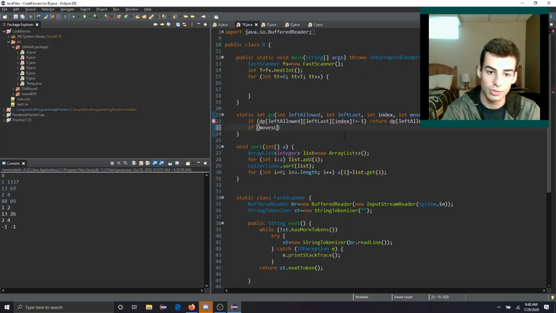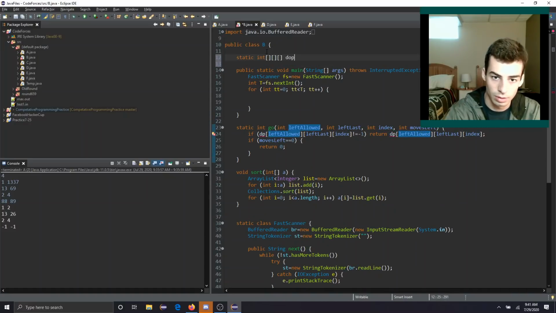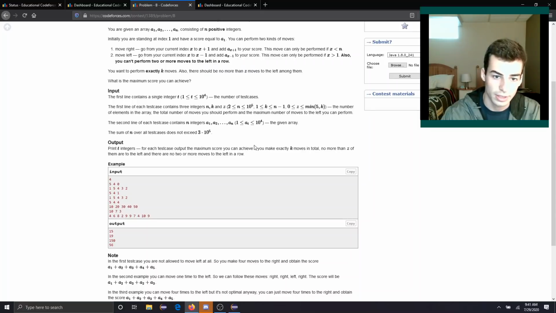Okay, if moves left is equal to 0, then return 0. Or I guess it should probably be longs.